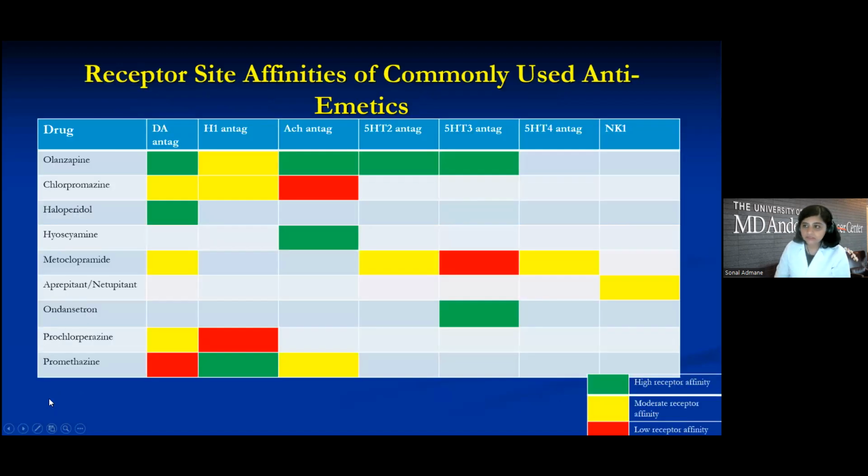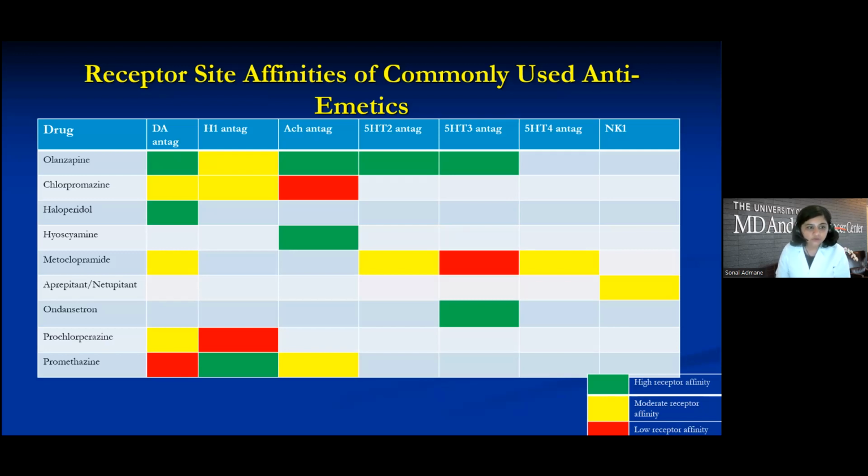This is a very useful table because it has the commonly used antiemetics and their receptor profile. Right at the top is olanzapine, a really broad spectrum antiemetic that targets multiple receptors and has good affinity to most of them. It's also well tolerated by patients, at least the ones that we see.